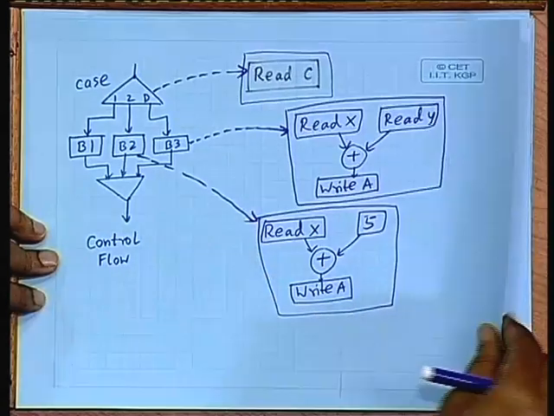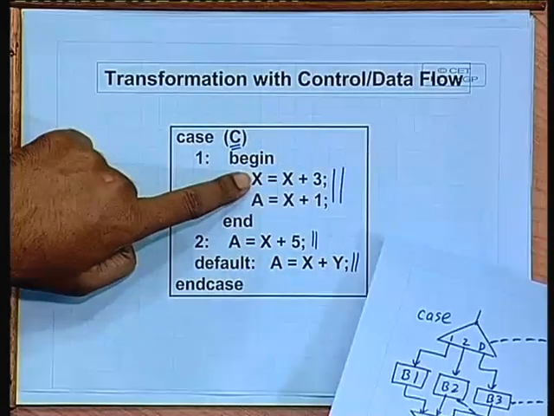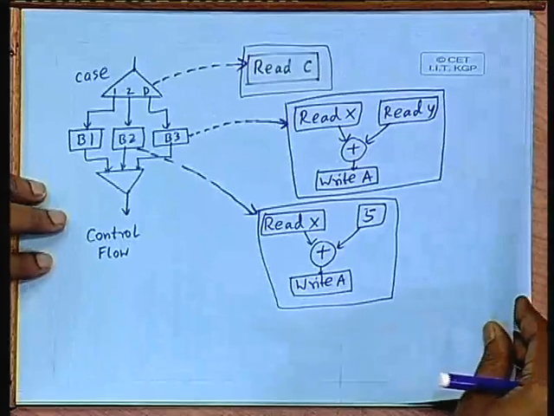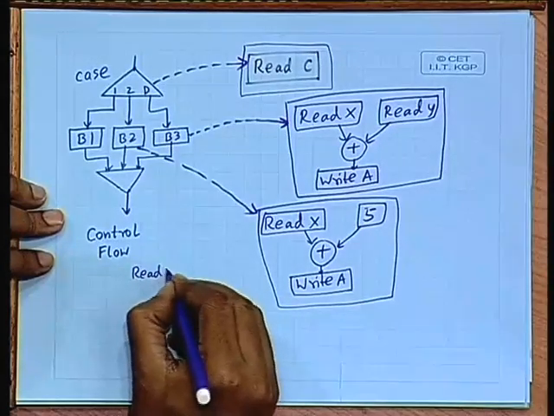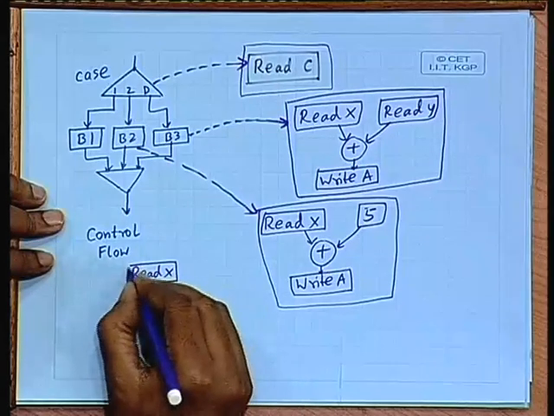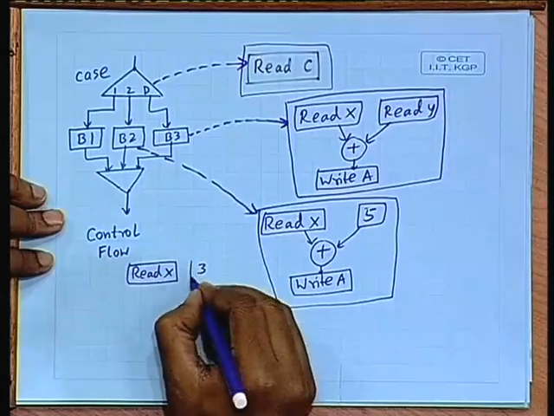Similarly, for B1, B1 is two statements, x equal to x plus 3 and A equal to x plus 1. So, this also similarly you can have, you can combine, I am combining them straight away.